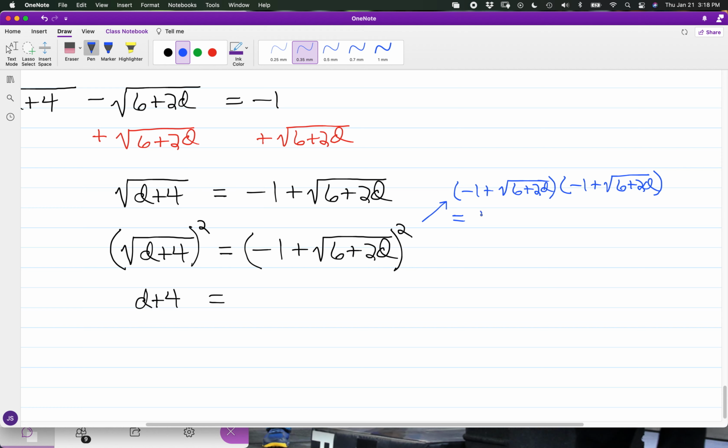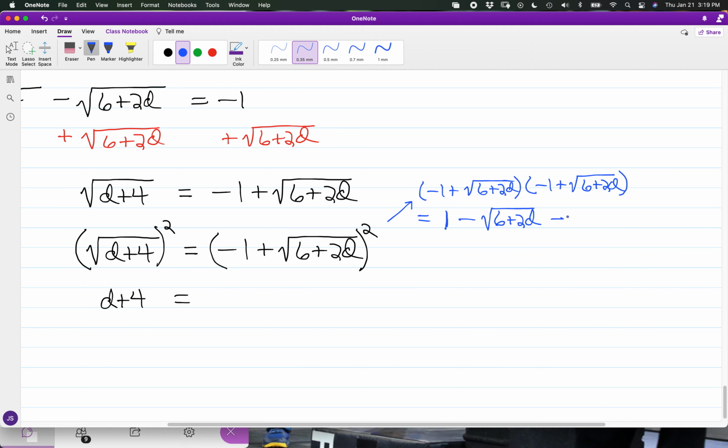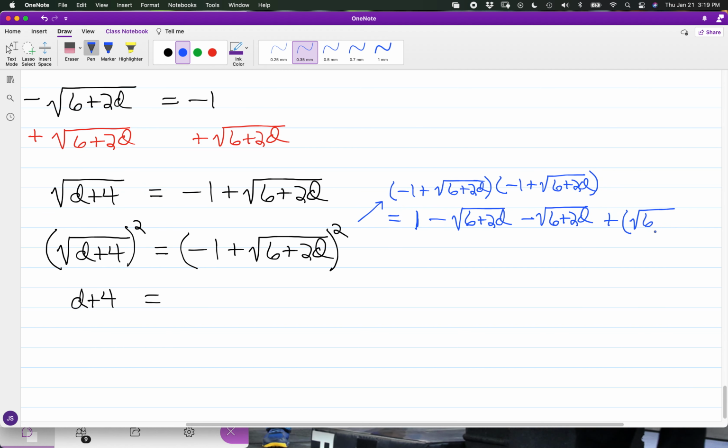This will be a positive 1. Outside product, we have negative 1 times the square root of 6 plus 2d. So you have a minus square root of 6 plus 2d. The inside product had the square root of 6 plus 2d times negative 1. So we have another subtraction of the square root of 6 plus 2d. Now for the last, you're looking at the square root of 6 plus 2d times itself. Or in this case, we had the square root of 6 plus 2d squared.